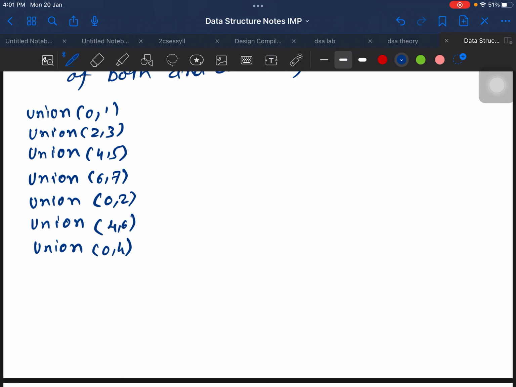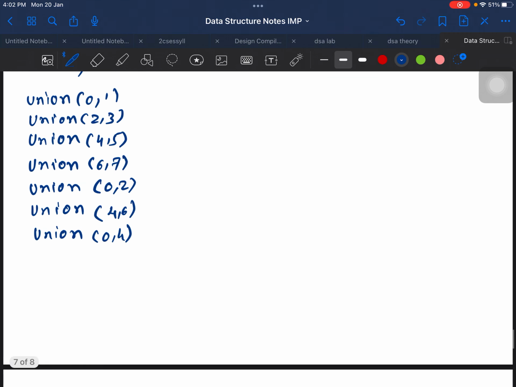First of all, I am drawing a graphical representation. If you have the graphical representation, after that the array representation is very easy. So see here very carefully. The first function is union 0 comma 1.